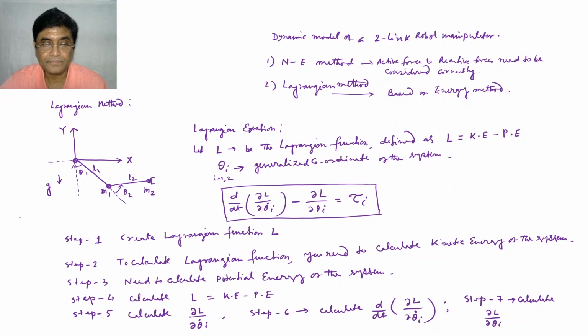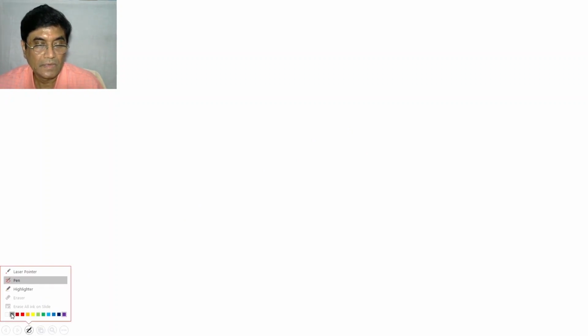And we need to have this frame, otherwise we cannot calculate the system's potential energy. Slowly we'll follow these steps and we'll end up deriving the dynamic equation of this manipulator. So this is our main objective. So let us proceed, quickly redrawing.